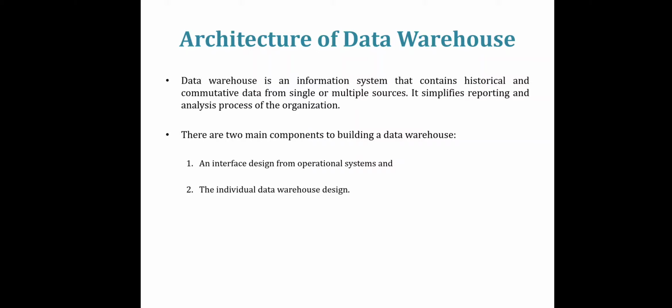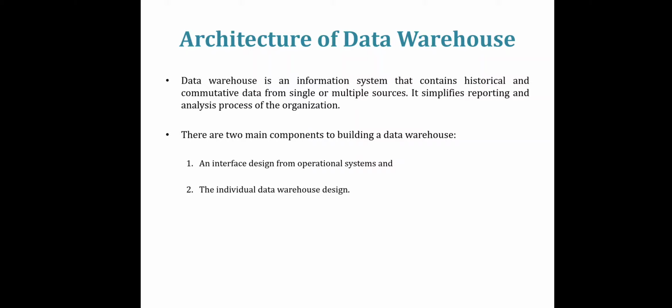It simplifies the reporting and analysis process of the organization, because we are storing the data in the data warehouse in a unified way. So it is going to simplify reporting or any analysis purpose of that organization. We have two main components of building a data warehouse.